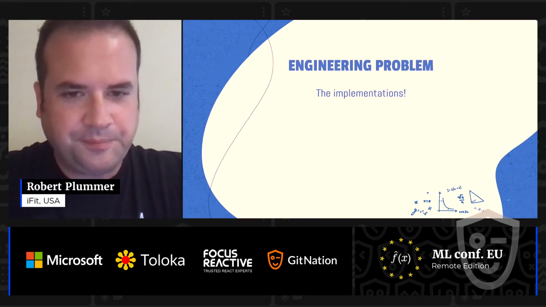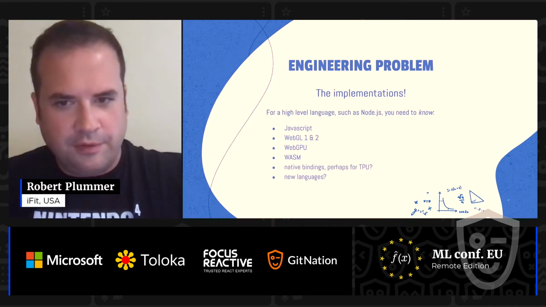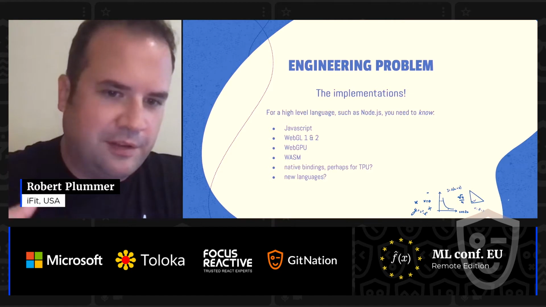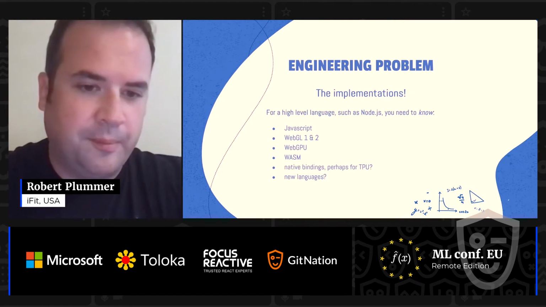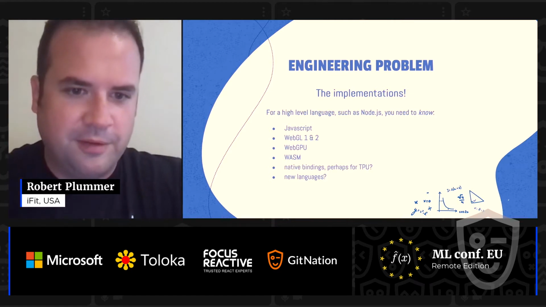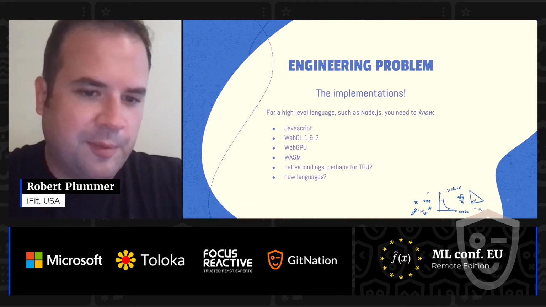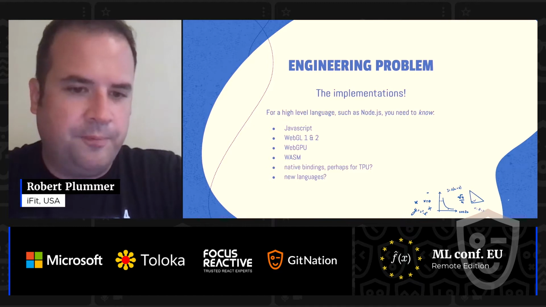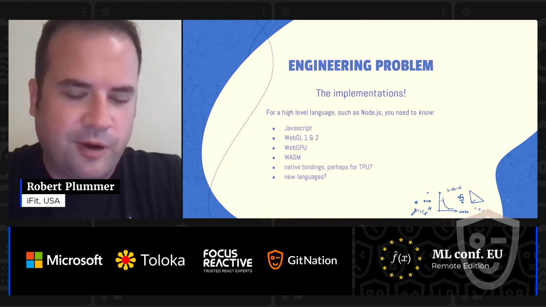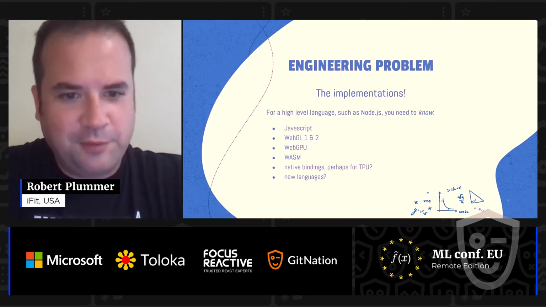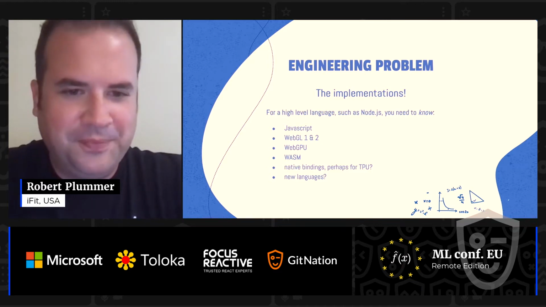And for us to use this in Node, we would have to come up with translations in all these languages, and potentially more if we wanted it to execute in these environments. So we've got JavaScript, WebGL, up and coming WebGPU, WASM, native bindings, perhaps TPU, and even new languages. So yeah, that's what you need to know to add that little 2 in there.